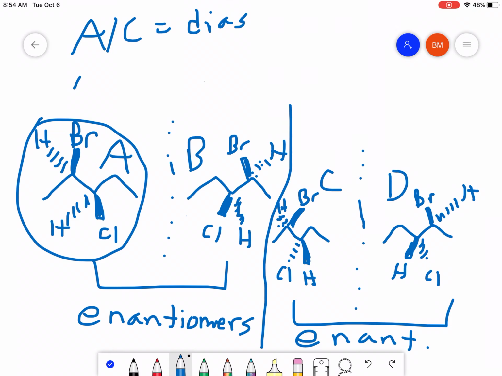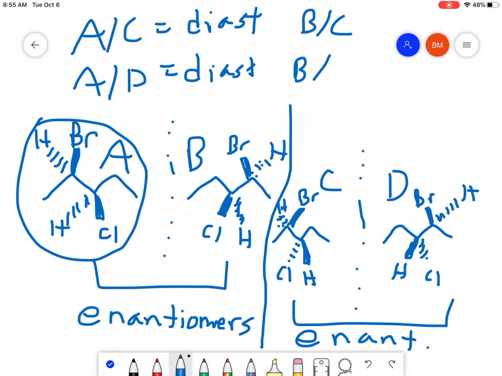A and D, diastereomers. B and C, diastereomers. I'm running out of room, but I'm assuming you guys can probably write this on your own. B and D, diastereomers, right?